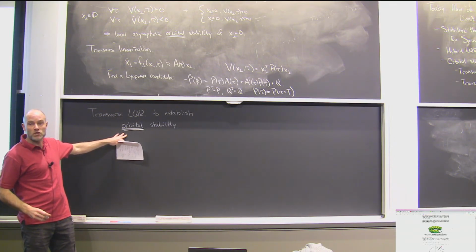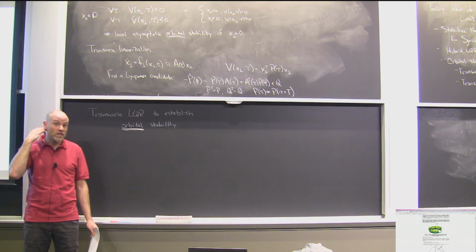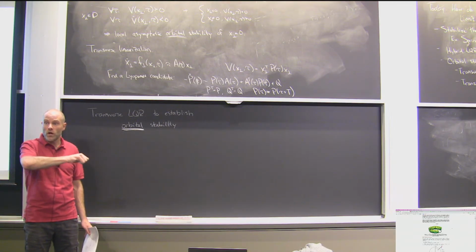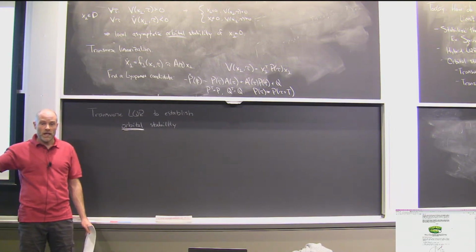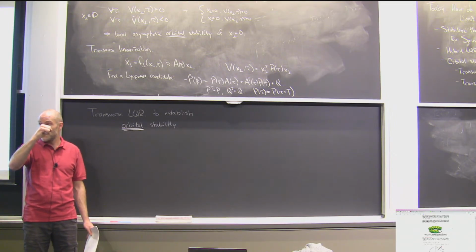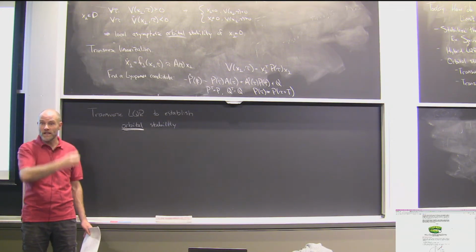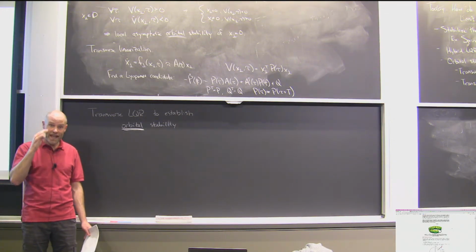What's the difference between doing LQR in the original coordinates, time varying, versus LQR in the transverse coordinates? The time varying LQR in the original coordinates, if you perturb it along the trajectory, it will try to fight back. It will try to stabilize phase and out of phase, right?